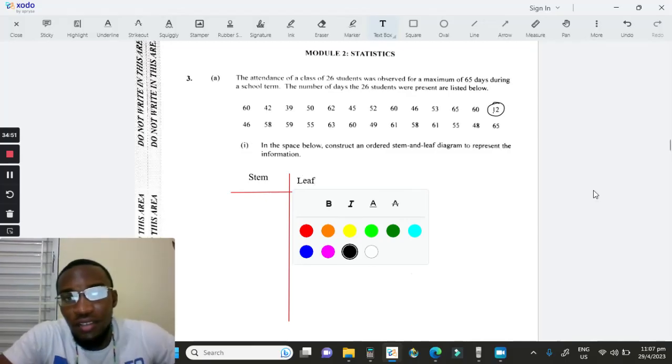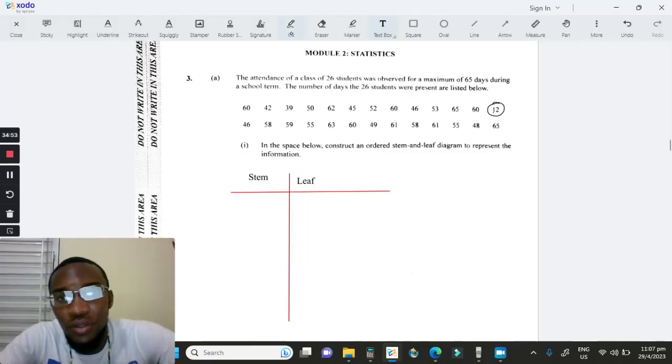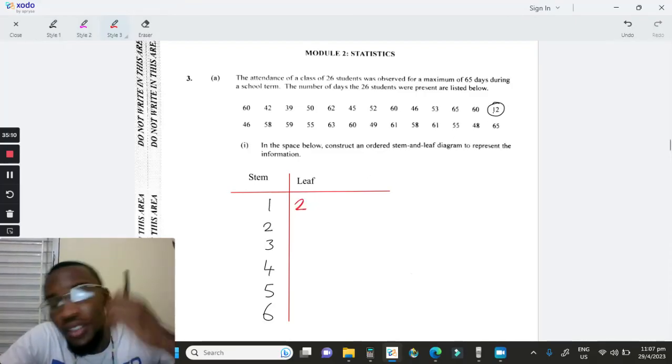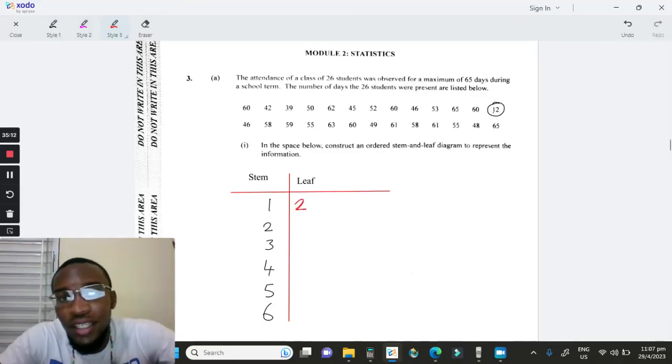Now we notice that the lowest is 12 and the highest is 65. So we can put 1, 2, 3, 4, 5, 6. Now, going in order, the least number of days somebody was present was 12, so we put that 2. Is there anybody else in the teens? Nope. Let's go into the 20s now.